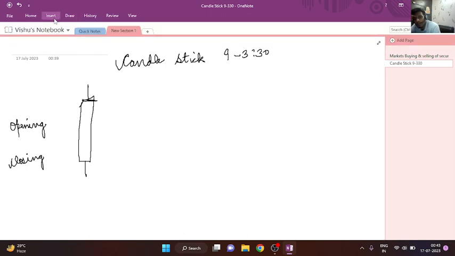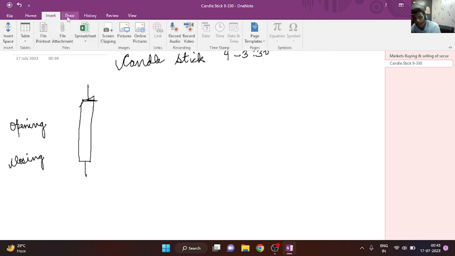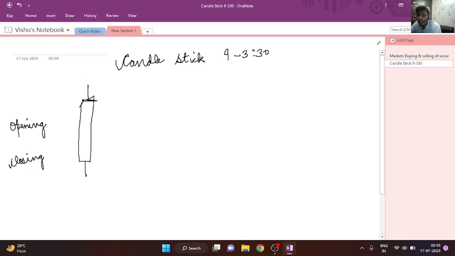Now what happens is, this opening and closing, suppose it opens at 100. I'm taking an example that it opens at 100 and closes at 150. Now what is this and what is this down one?